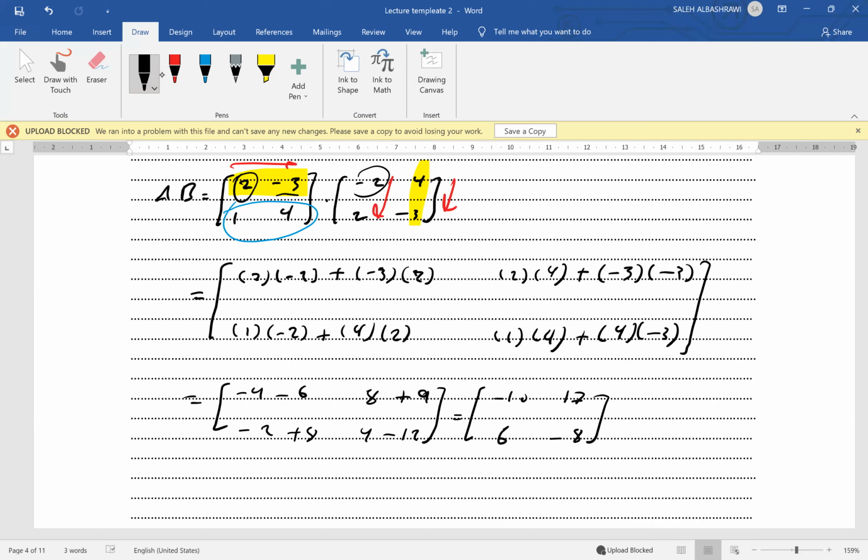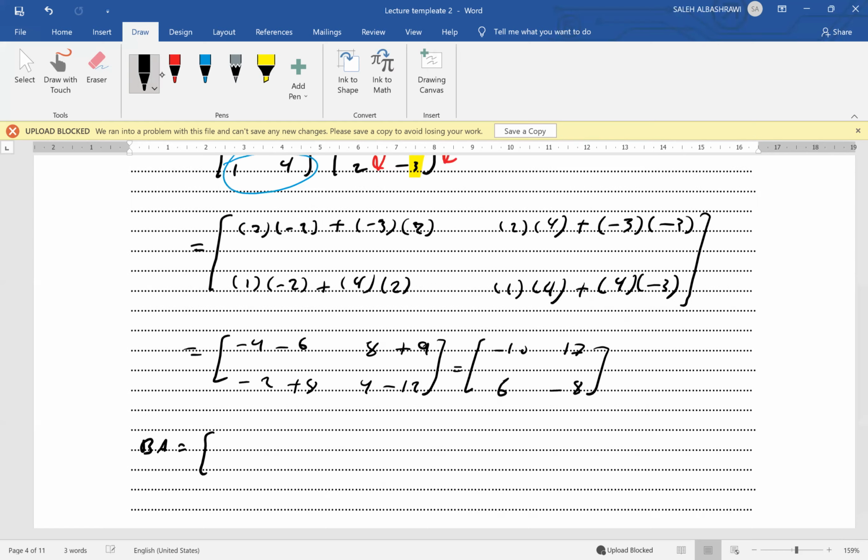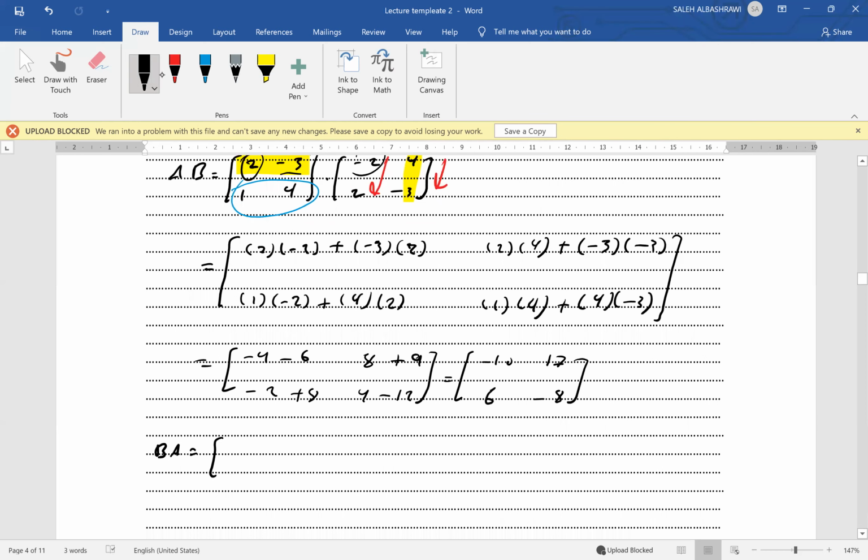Let's find B times A. B is given by the matrix [-2, 4; 2, -3], times A, which is [2, -3; 1, 4].